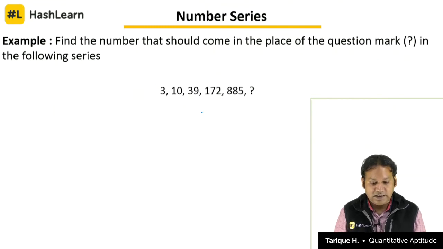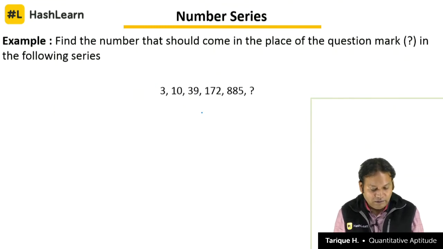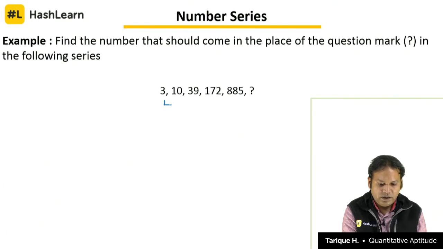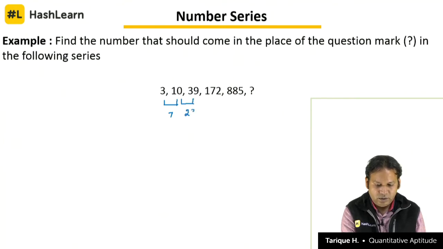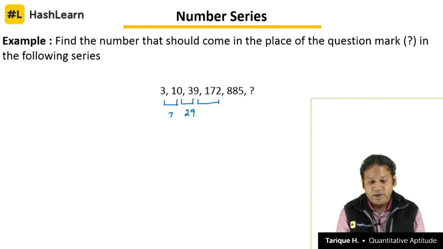Okay, now let's take the next example. Find the number that should come in place of the question mark in the following series: 3, 10, 39, 172, 885. If we take the difference here, 3 and 10 difference is 7. 10 and 39 the difference is 29. 39 and 172 difference is 133.